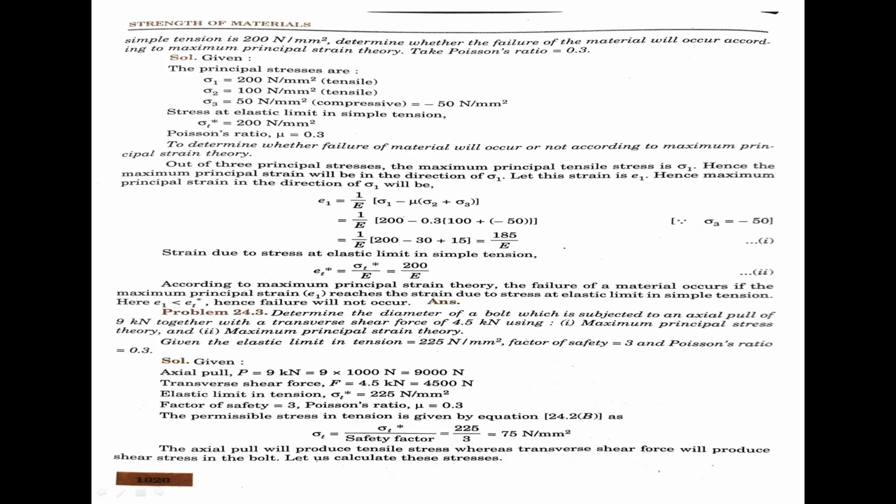That is the condition: E1 less than E suffix T star, hence failure will not occur. This is the maximum principal strain theory condition.